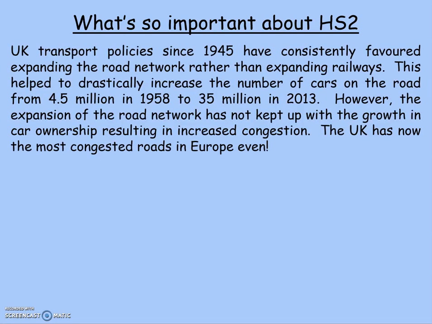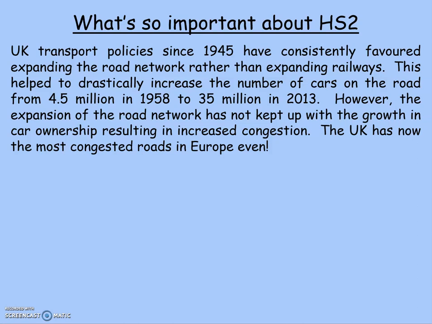Now, if you go back to transport policy, the UK's transport policy since 1945 has pretty much consistently favoured expanding the road network rather than focusing on railways. As a result, we've seen an enormous increase in the number of cars on the road.